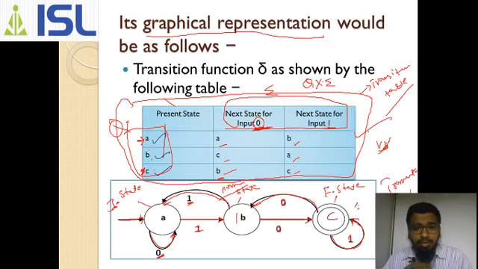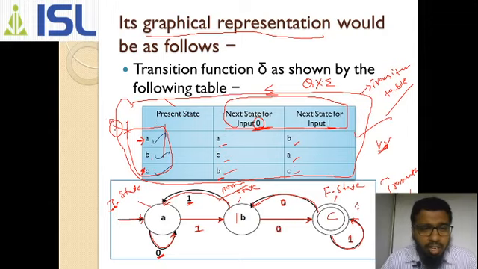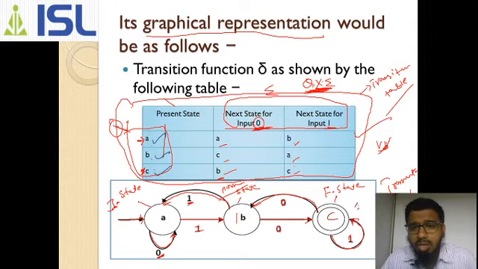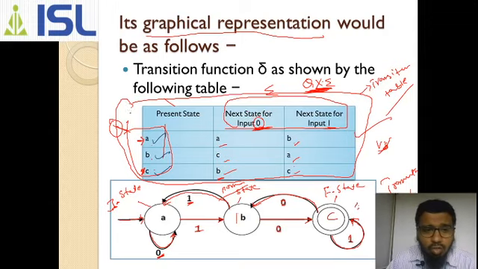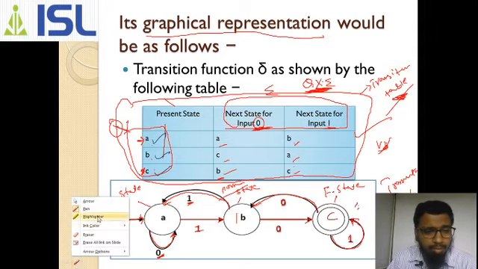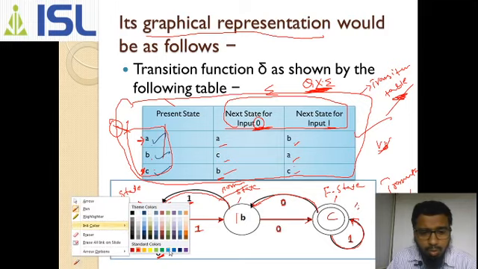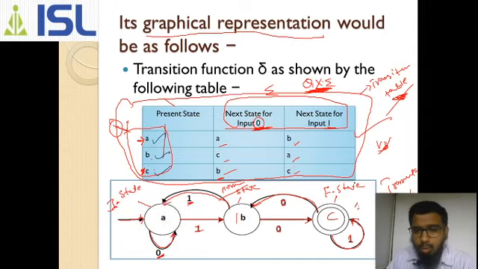Delta is capital Q cross sigma. You can see here in this process, this is Q, and this is sigma. So this is Q cross sigma, this and this. This is called the transition table and this is called the transition graph. I will change the color to dark blue.